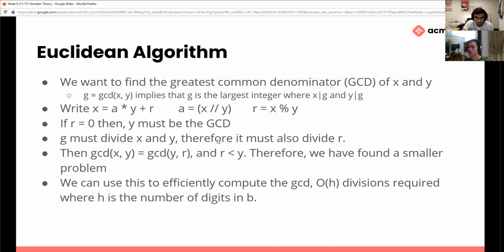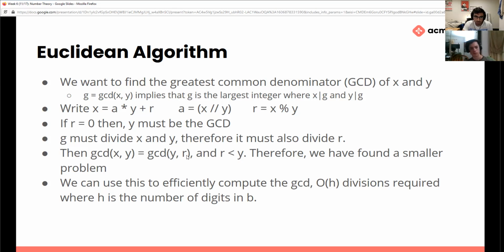So therefore, we know that g must be the largest integer that divides r and y. So now we've reduced this to a smaller problem because r has to be less than y since it was a remainder, right? So because we've reduced this to a smaller problem, we can use recursion on it, right?